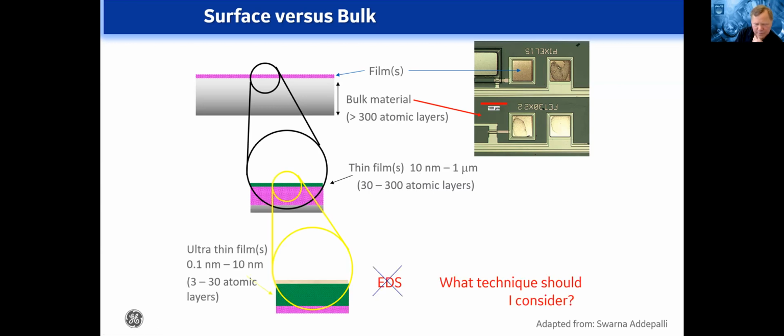And ultra thin films are sub-nanometer usually. And it's important to note that when we get to these really thin layers, a technique like energy dispersive spectroscopy on an SEM is not useful for providing chemical information due to the fact that you're predominantly sampling not the surface, but the interaction volume. You'll be sampling subsurface. And we'll show some examples of that in a minute.